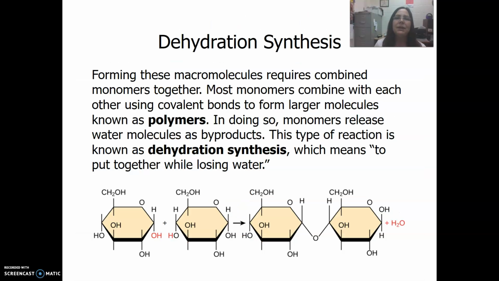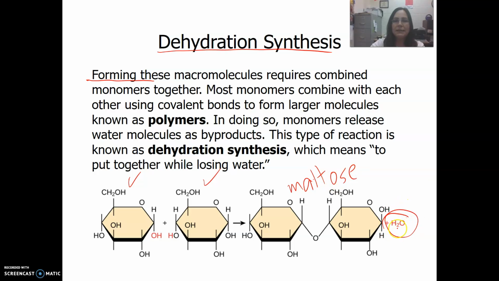There are two types of chemical reactions that tend to happen with these macromolecules. When the macromolecules are being formed, that is called dehydration synthesis. And I've shown you a couple of examples. This is an example down here of glucose plus glucose forming maltose plus water.